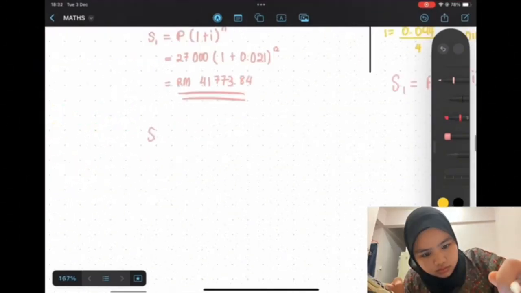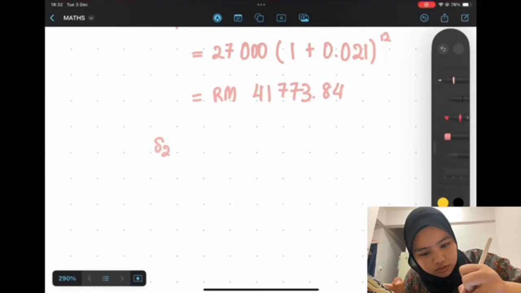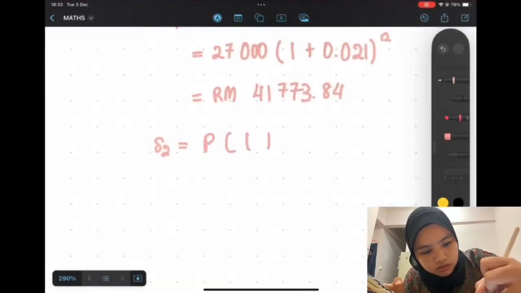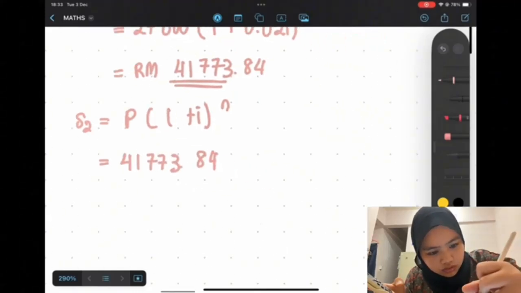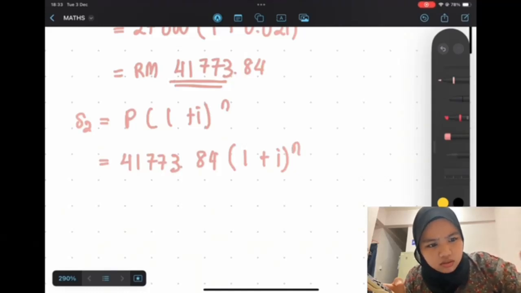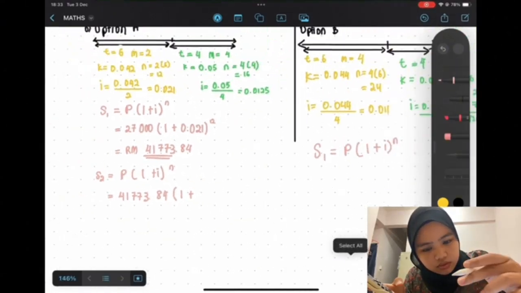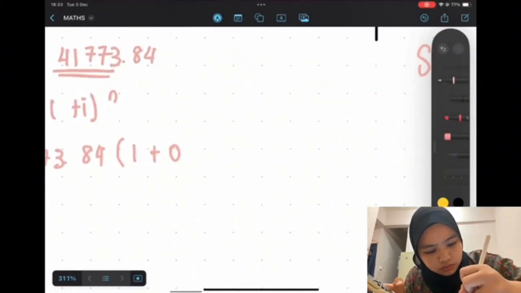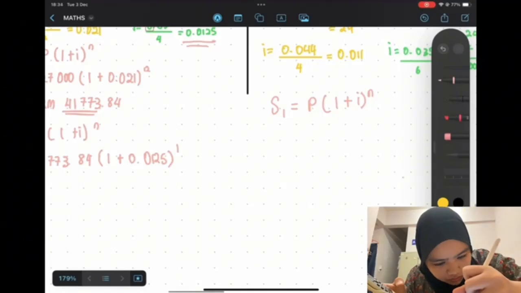Moving on to the total amount. For S2 equals P times (1 plus I) to the power of N, we're going to use this amount for the P, so it's 41773.84, times (1 plus 0.0125), and the N, we are going to use 16.